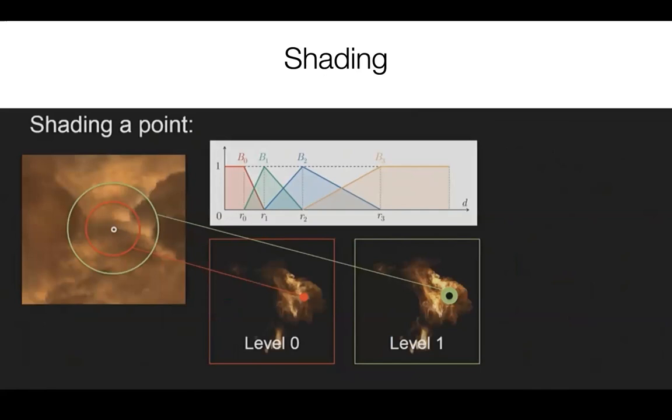And as you go to level 1, which is a coarser level, it means that you are performing your queries in this green circle here. And so on, the radius continues increasing as they go to the coarser levels, because the receptive field is increasing for each shading point.